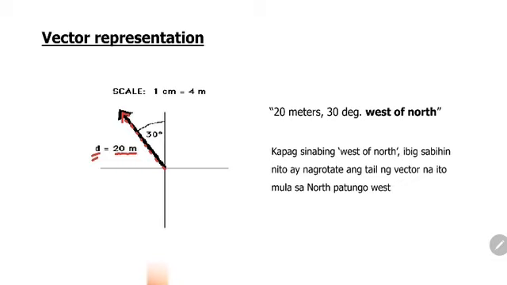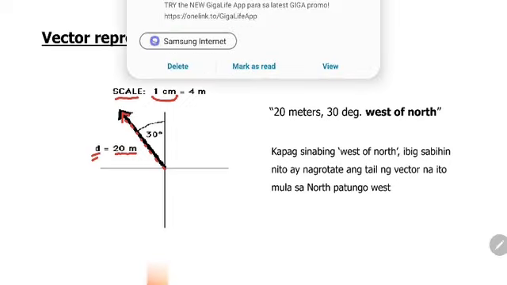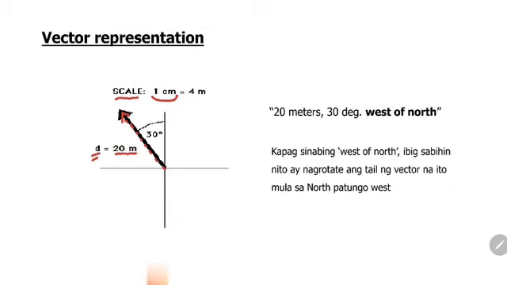Ibig sabihin, the arrow is suggestive of the magnitude of the vector. Kung gusto mong mas maging accurate ka, pwede kang gumamit ng scale. Ibig sabihin ng scale, in this example, ang scale na ginamit ay 1 cm is equivalent to 4 meters. So, halimbawa, itong arrow na to, mineasure mo siya. Nakita mo na siya ay 1 cm. Ibig sabihin, actually, ang value noon ay 4 meters.